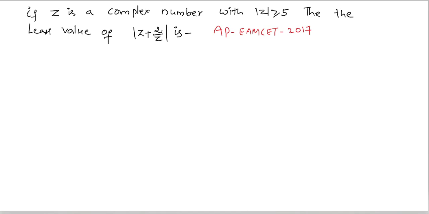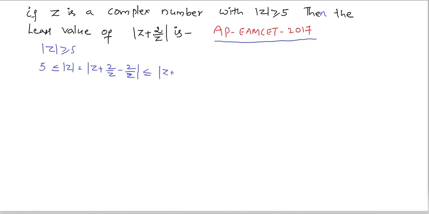If z is a complex number with mod z greater than or equal to 5, then the least value of mod z plus 2 by z is dash. APMSET 2017 question. Here it is given mod z is greater than or equal to 5, that is 5 less than or equal to mod z. This mod z is equal to modulus of z plus 2 by z minus 2 by z, which is less than or equal to modulus of z plus 2 by z plus modulus of 2 by z.